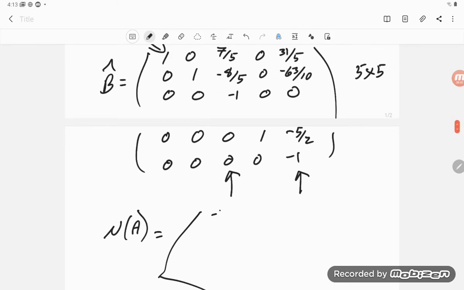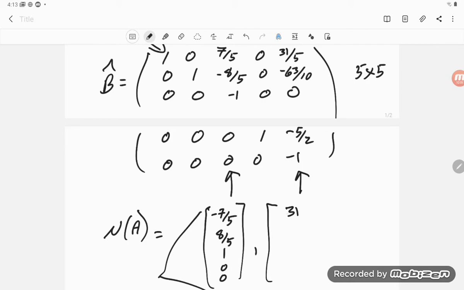The negatives of those: negative 7/5, 8/5, 1, 0, 0, and negative 31 over 5, positive 63 over 10, 0, 5 halves, and 1. And there we go. There I have my basis vectors for my null space of A. And so, using this technique, not bad at all.